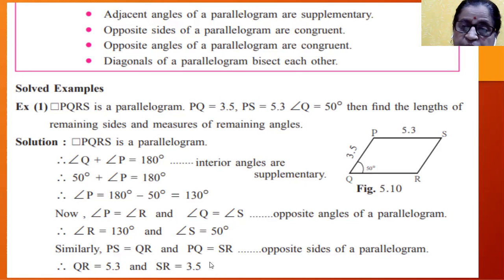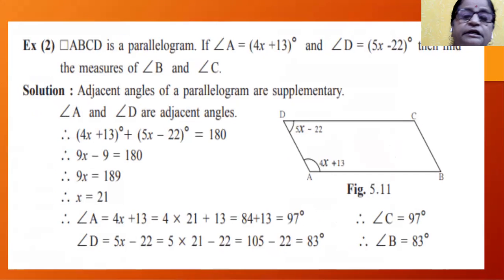In the next example, ABCD is a parallelogram, and angle A's measure is 4x plus 13 and angle D's measure is 5x minus 22. Then find the measure of angles B and C. These two angles' measures are given. Adjacent angles of a parallelogram are supplementary. Supplementary means 180 degrees. Therefore, 4x plus 13 plus 5x minus 22 is equal to 180.